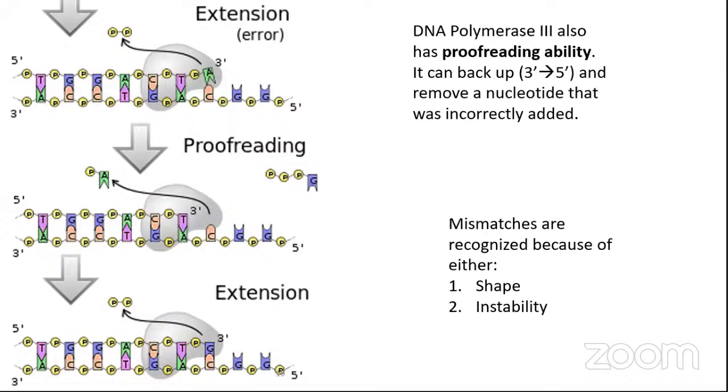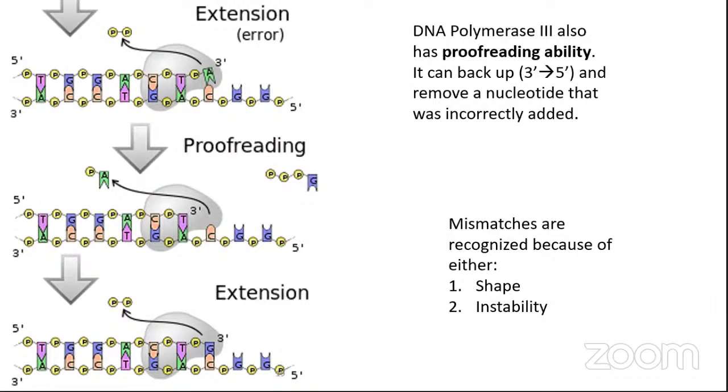Then the next is that this DNA polymerase 3 has the proofreading ability, because if by mistake some other nucleotide is base paired with the template nucleotide, to remove it, it has 3' to 5' exonuclease activity.